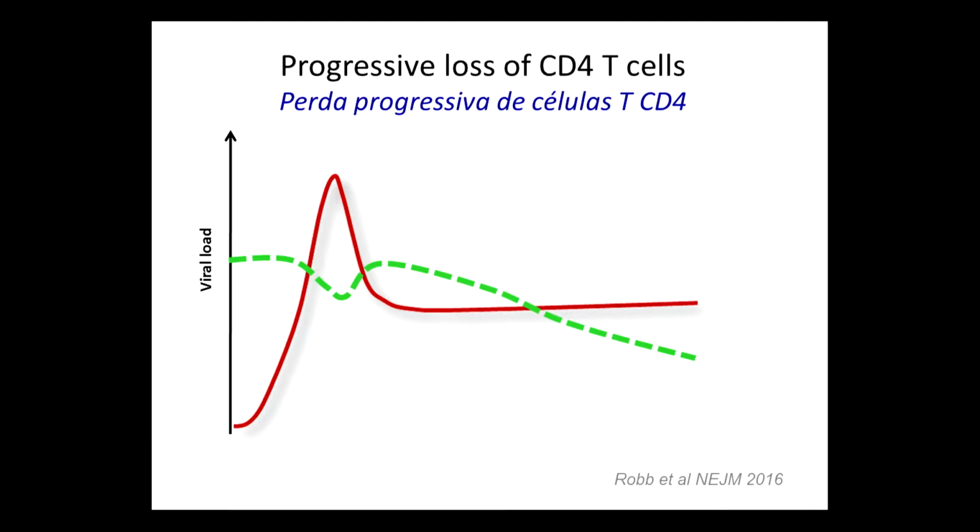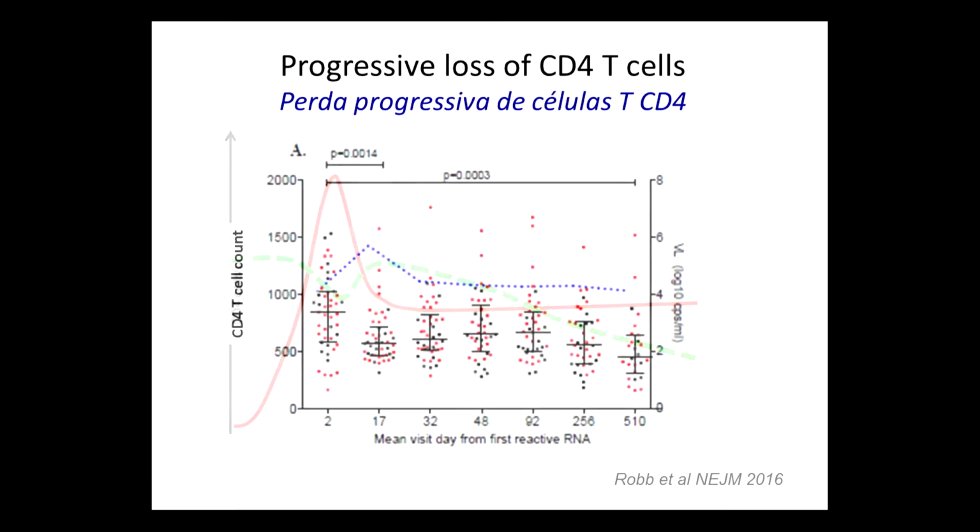And so all those functions that I showed earlier are impacted by HIV infection. This is how it looks in real data from Merlin Robb in the acute cohort, where we see in acute infection the loss of CD4 T cells, a slight increase again, and then the progressive loss over time.